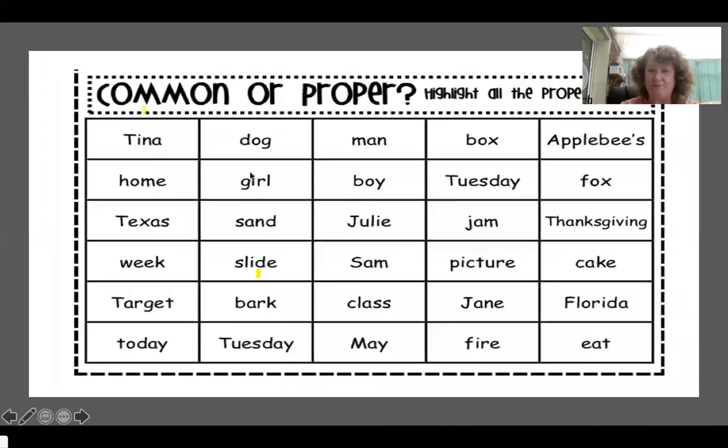Okay, now then, let's see how clever you are. See if you've worked this out. Can you grab yourself a pen and paper? And what I'd like you to do is to find, it says highlight the proper nouns. So have a look down here and see if you can find any proper nouns.